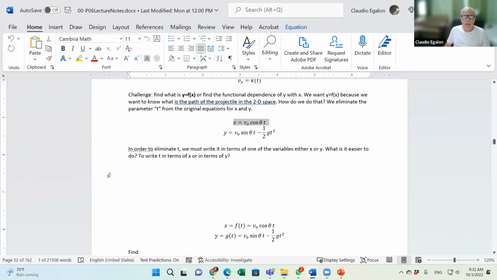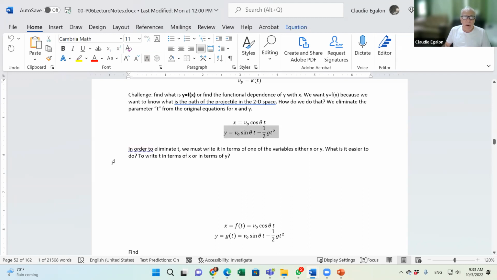Note that this equation here is linear, and this one here is parabolic. If you were to write t in terms of y, you would have to solve for the roots of this equation, minus b plus or minus the square root of delta over 2a, and it becomes very complicated.